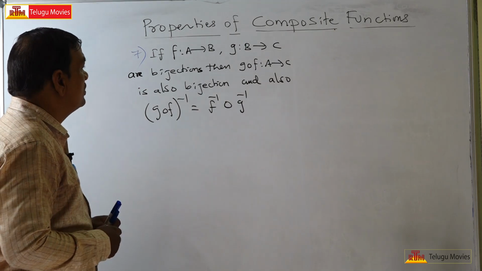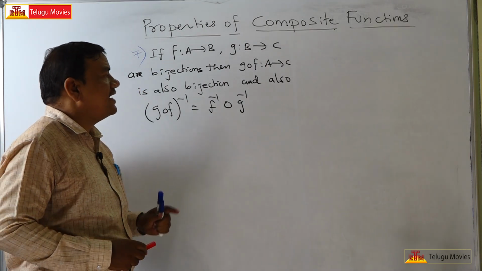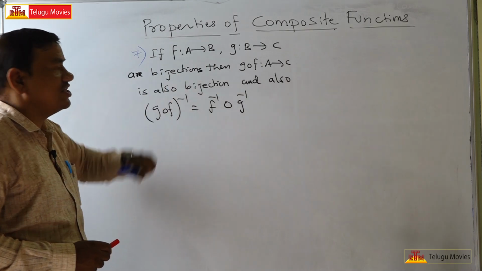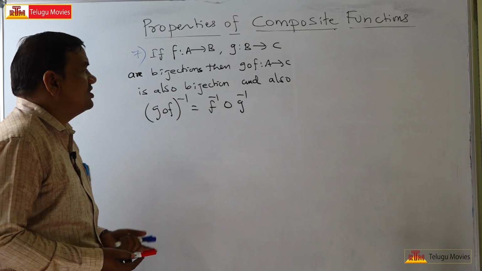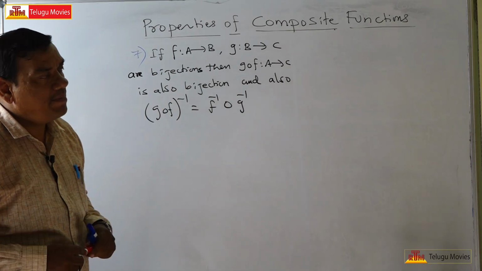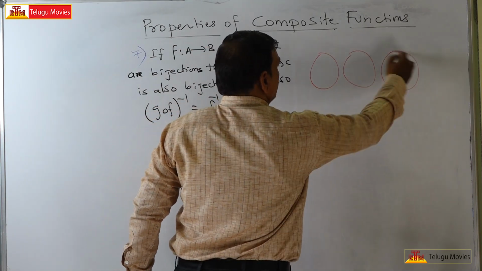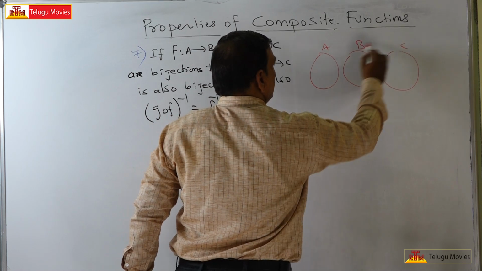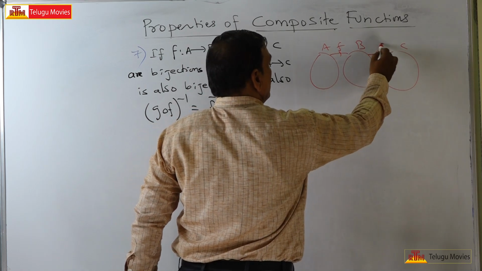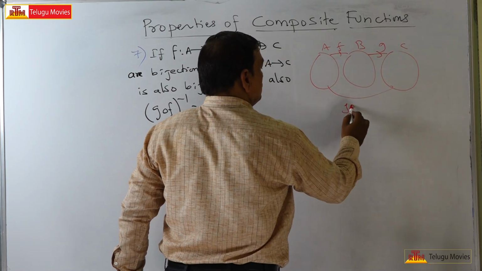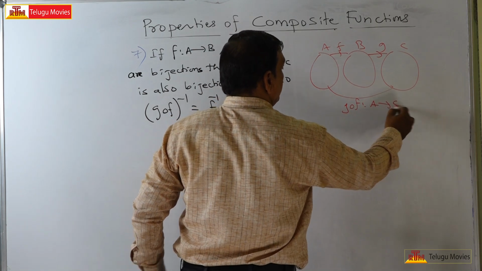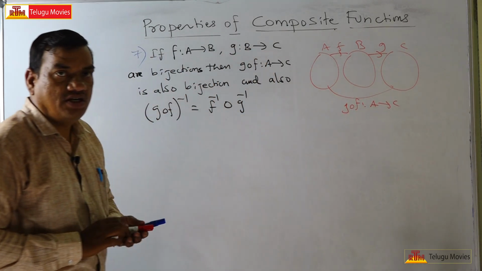That is, f from A to B and g from B to C are both bijections. Then obviously g circle f from A to C is also a bijection. We can give a number of examples here. A, B, C are three non-empty sets, and g circle f from A to C is a function.